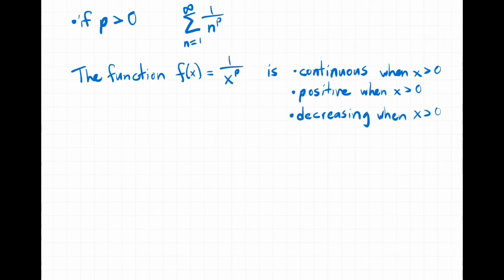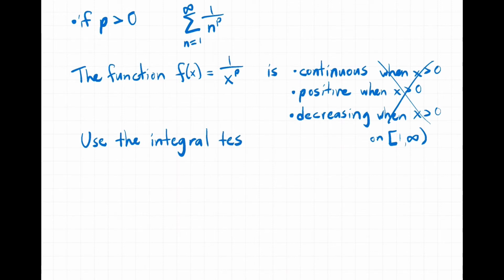So therefore, in fact, we can say this is true on the interval from 1 to infinity. These are the conditions that we need in order to justify using the integral test. So we can use the integral test. As long as these three conditions are met, we can use the integral test.